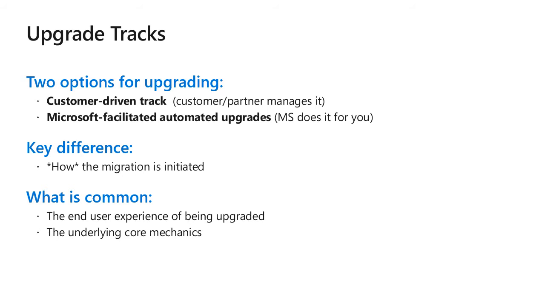The other option is what we call the Microsoft-facilitated automated upgrade process, which is a service that Microsoft can offer, where Microsoft will do the upgrade process for you. The key difference here is how the migration itself is initiated, right? The end user experience, the underlying core mechanics, all the pieces we've talked about up to this point are essentially the same. Really, the only difference is how the migration gets initiated, whether it's the customer or the partner that pulls the levers, or whether it's Microsoft.